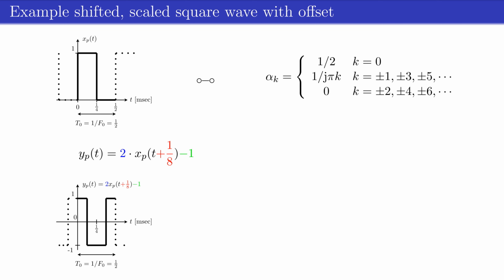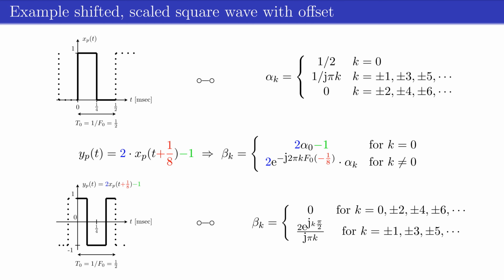We have calculated spectral weights alpha k before. Now we can apply the time shift, scale and offset parameters, which results into the equations for the spectral weights beta k of the periodic signal yp of t. Using all these parameters results in the given equations.